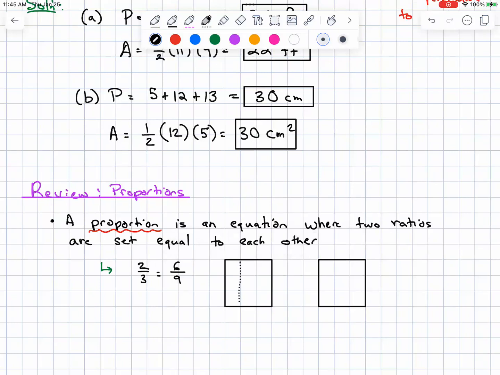On one hand, I'm going to divide it up into thirds, and we see that this area right here is 2/3.